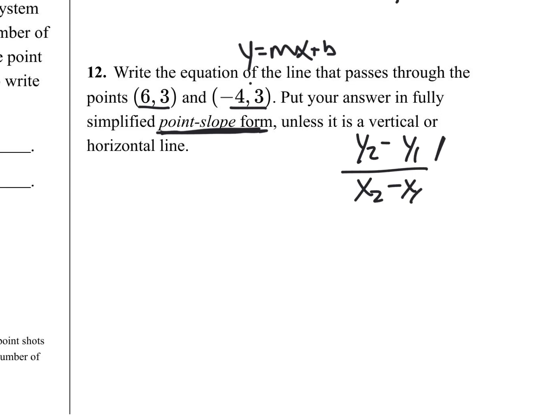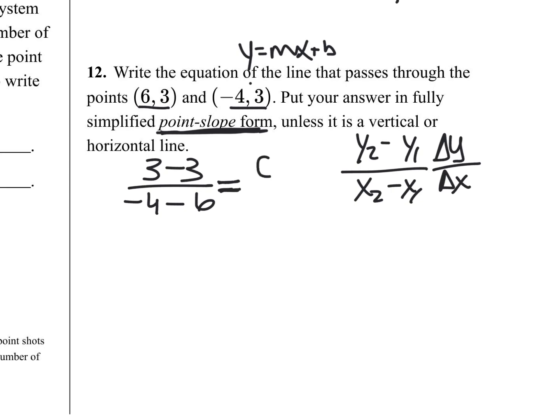Your change in your y, your change over your x, rise over run, okay? So 3 minus 3 over negative 4 minus 6. Some of y'all should be going, ooh, ooh, ooh. Little red flag going off. 3 minus 3 is 0. And then that's negative 10.